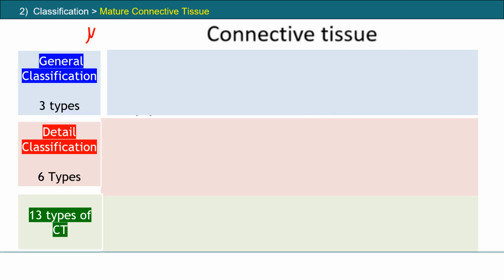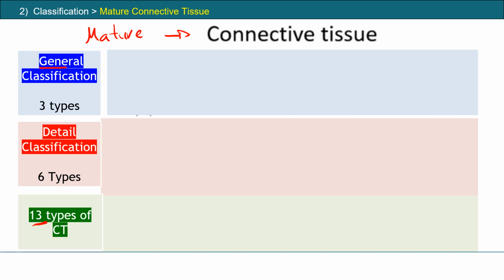Now we're going to talk about the mature connective tissue, and as there are so many, we're going to talk about 13 different types, not only this semester, not only in this class, but this term and the following terms. We're going to go from a very general one to a more specific one.